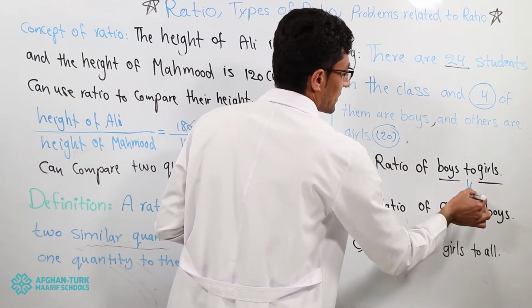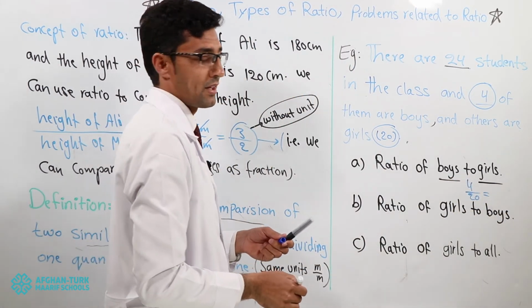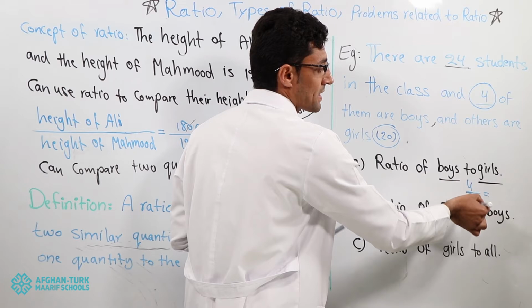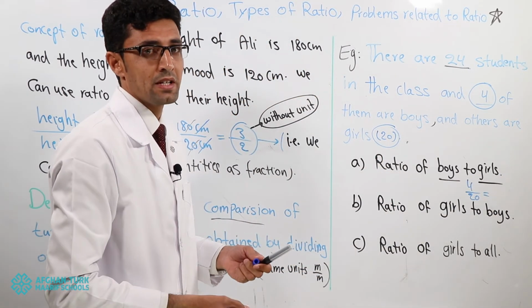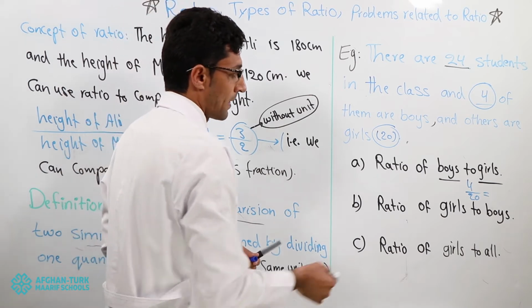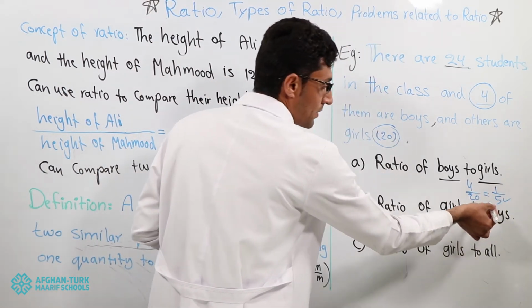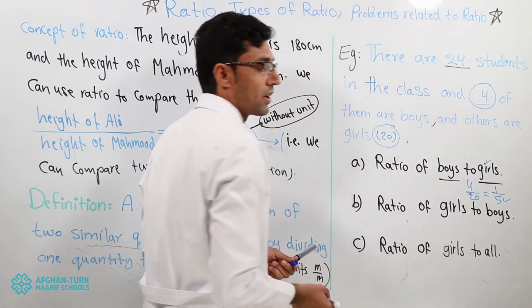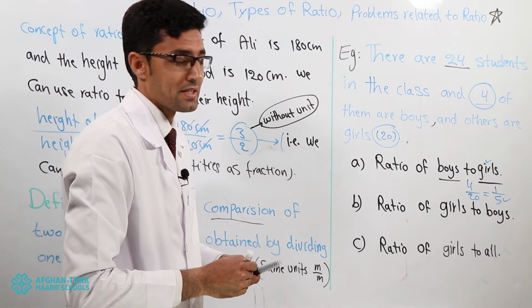Girls. It means 20. Simplifying is up to you, so that you know which one is more in the class. Or I can say 1/5. It means the one who is the denominator, girls, girls are 5 times the boys.